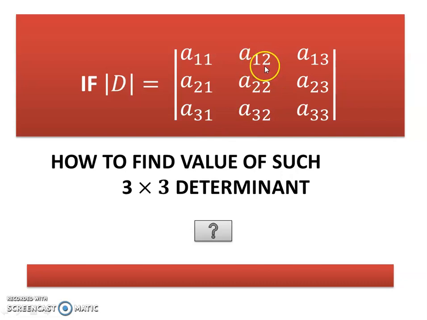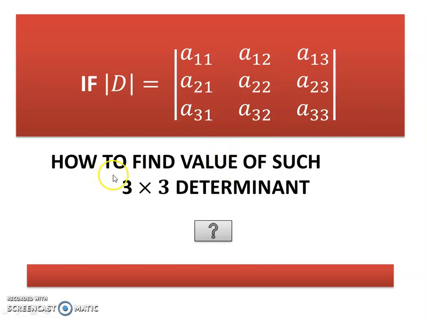In the second column, A12, A22, A32. And in the last column, column number 3, A13, A23 and A33 are available. These positions indicate the number of the row and these positions indicate the number of the column. Be particular about this notation.